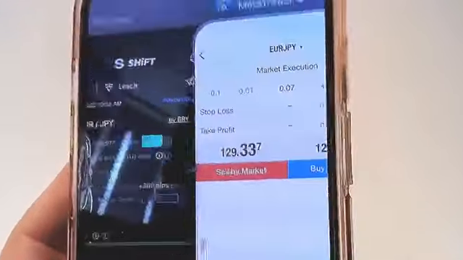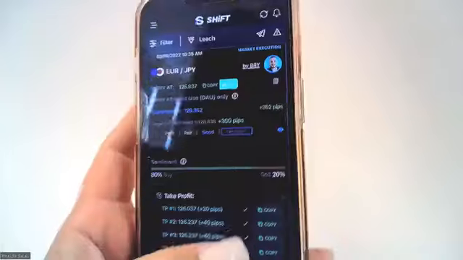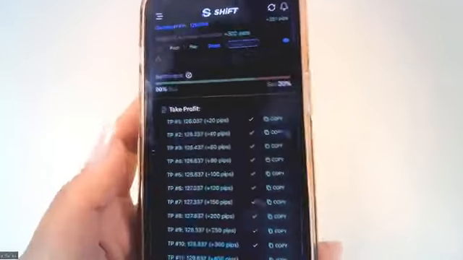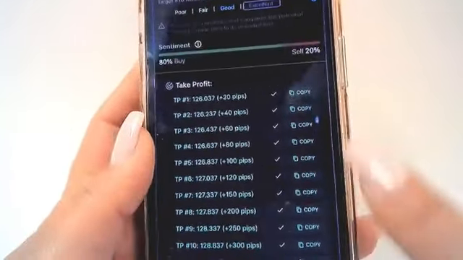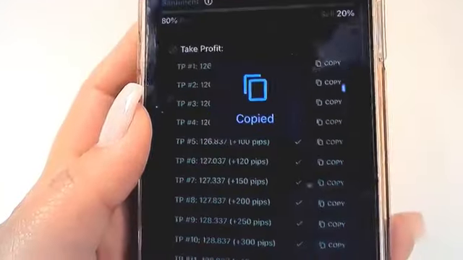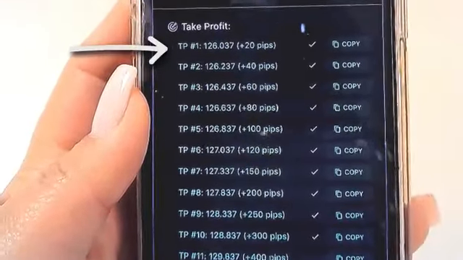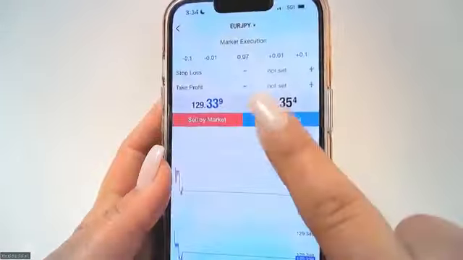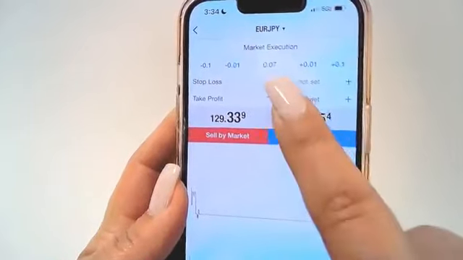So what I'm going to do is go back and look at which one I'm going to take, hypothetically speaking again, because this is an old trade. So I'm going to copy my TP1, my take profit 1. Then I would go back, and this is where I'm going to paste that right in there.